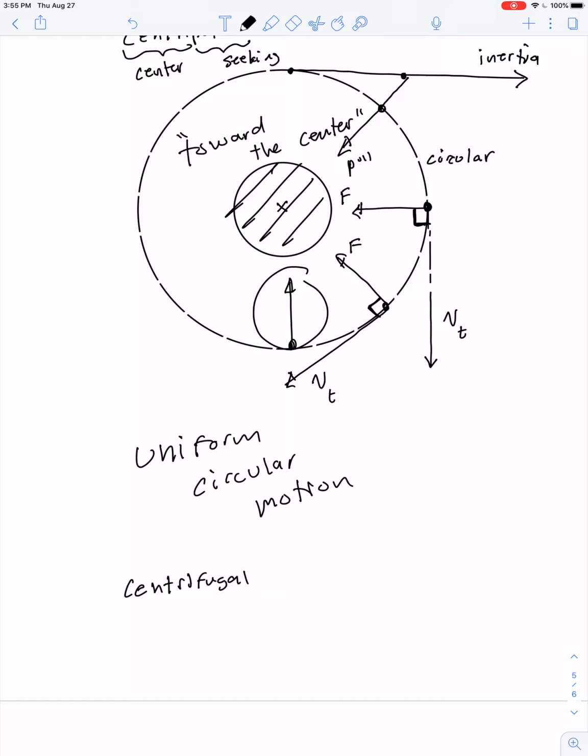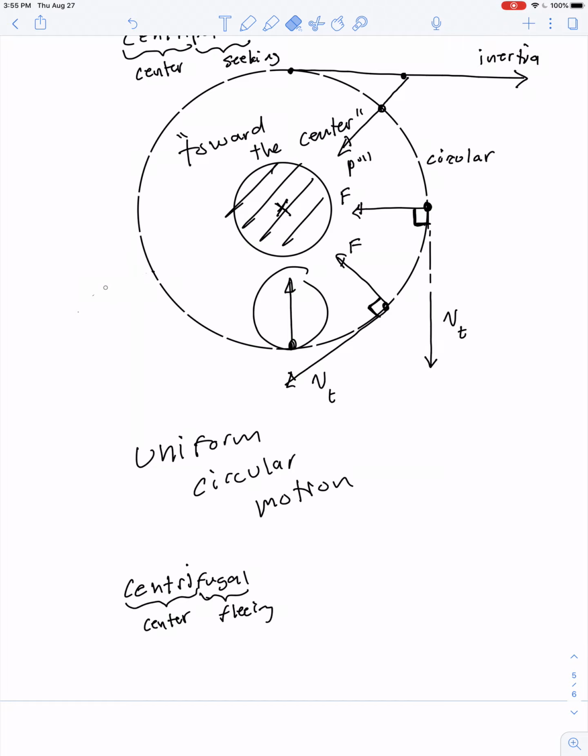Think about in your chemistry class when you try to separate the solids that form in solution from the rest of the liquid, you might put a test tube in a centrifuge. So centrifugal means center fleeing. If there happened to be some sort of force that pointed directly outward away from the center of the circle, we would say that's a centrifugal force, but it turns out there isn't a force like that.